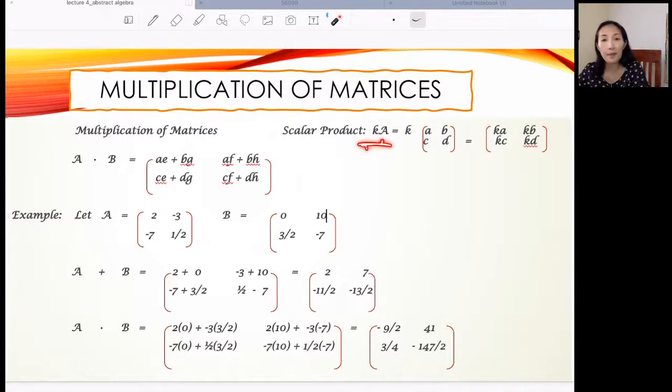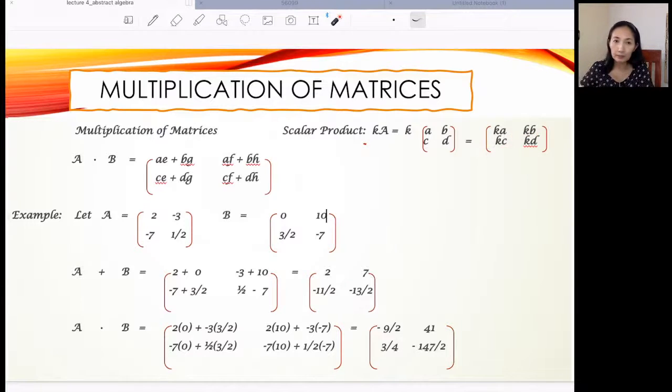K times A is simply multiplying every element of the matrix by the constant K. So, if I multiply the matrix whose elements are A, B, C, D with the constant K, then the scalar product is equal to KA, KB, KC, and KD.